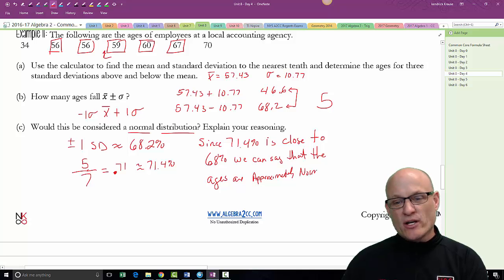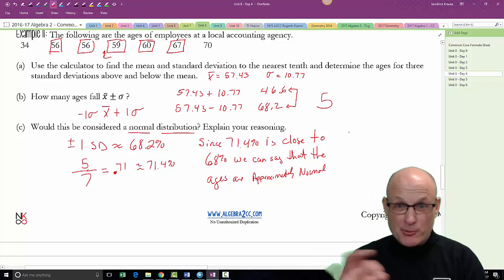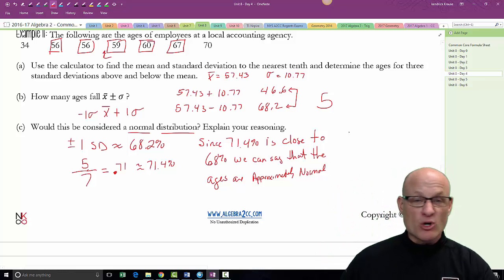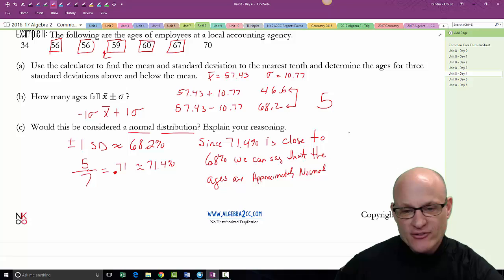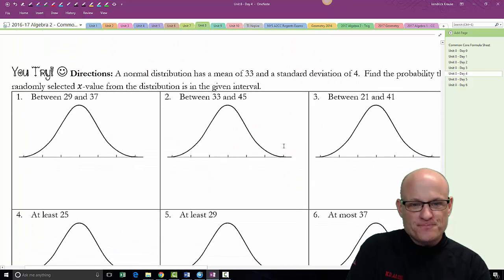This doesn't always work. It's kind of a general simple rule of thumb, but it works in this particular case as just a way of getting an idea. Are we close to being normal? All right.